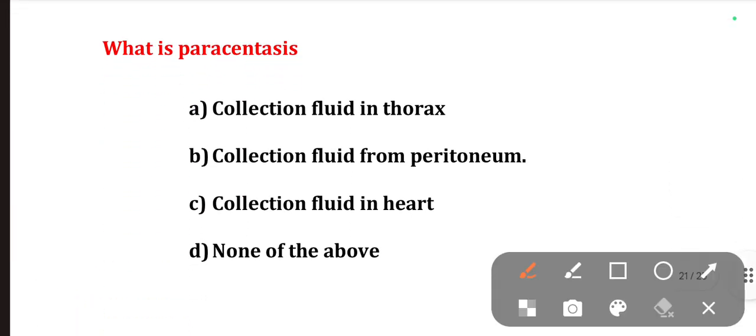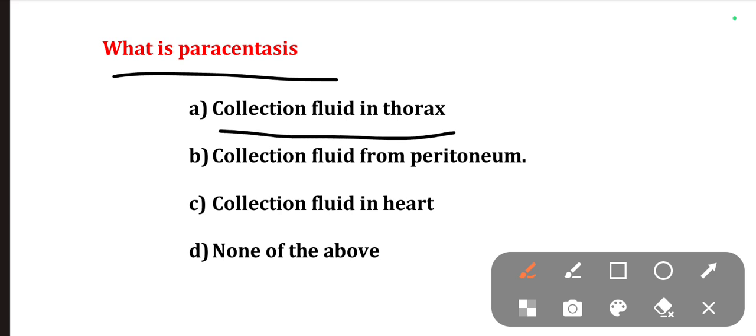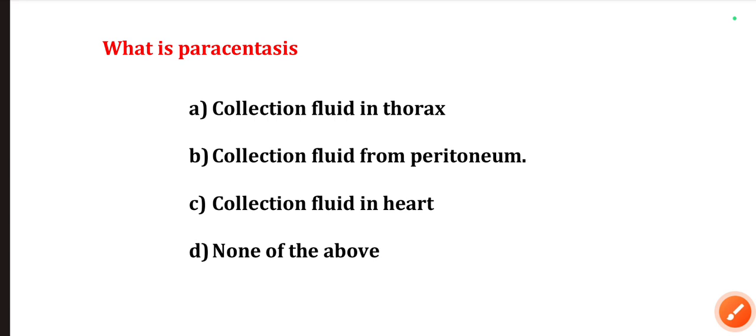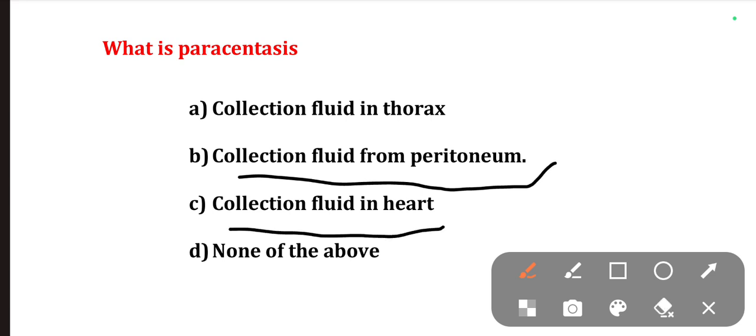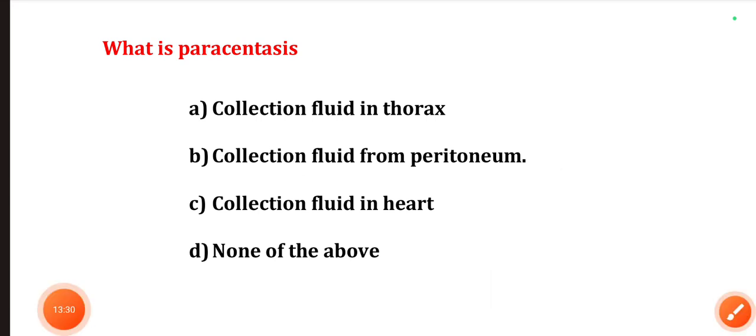The next one is what is paracentesis? So what is the meaning of paracentesis? Options are: A, collection of fluid in the thorax. Option B, collection of fluid from the peritoneum. Option C, collection of fluid in the heart. Option D, none of the above.